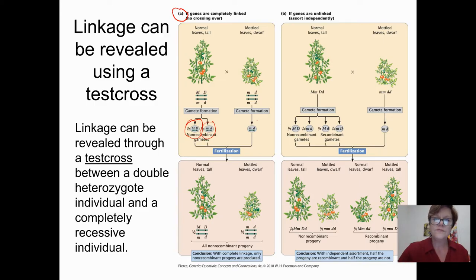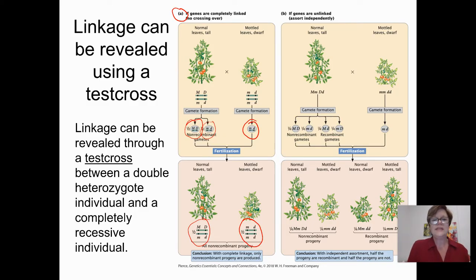If those were fertilized by a gamete from the completely recessive parent, then what you would expect is offspring, half of which are dihybrid themselves, so big M, big D, little d, and half of them would be completely recessive. That would be the offspring ratio, 1:1.